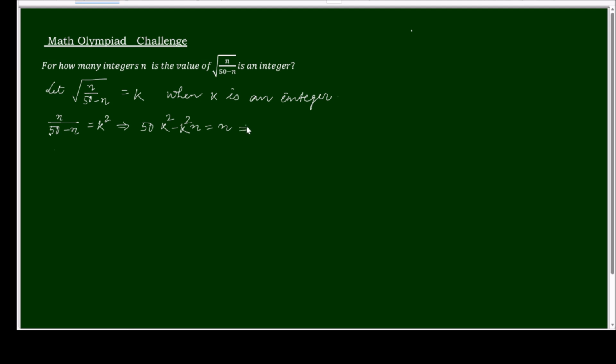Now taking it to one side, n times k square plus 1 equals 50k square, so n equals 50k square over k square plus 1.